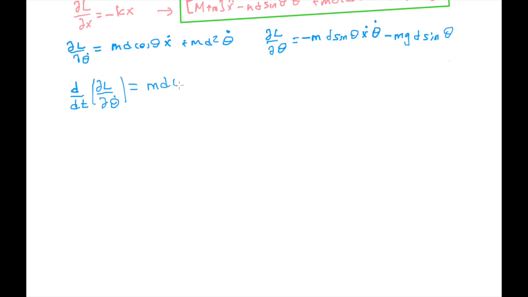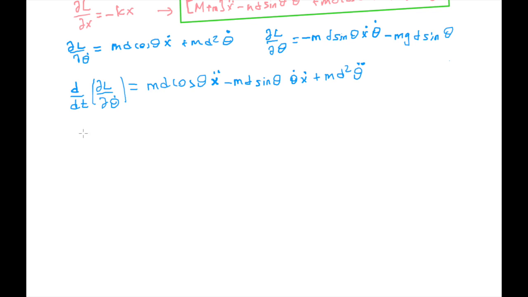It's going to be md cos theta x double dot, but I should also take the derivative of the cos theta term: x double dot minus md sine theta theta dot x dot plus md square theta double dot. So this is the first term, and minus this term, of course.